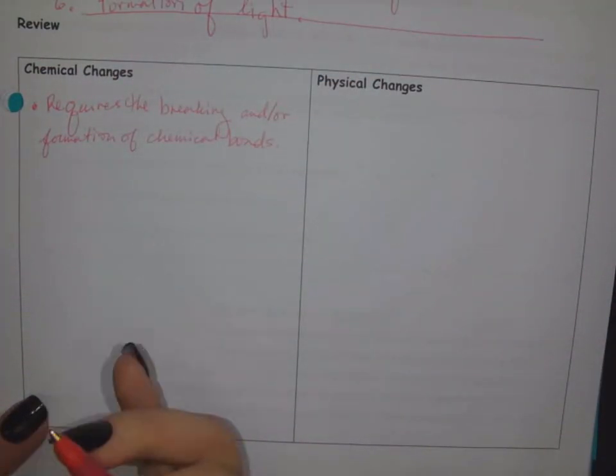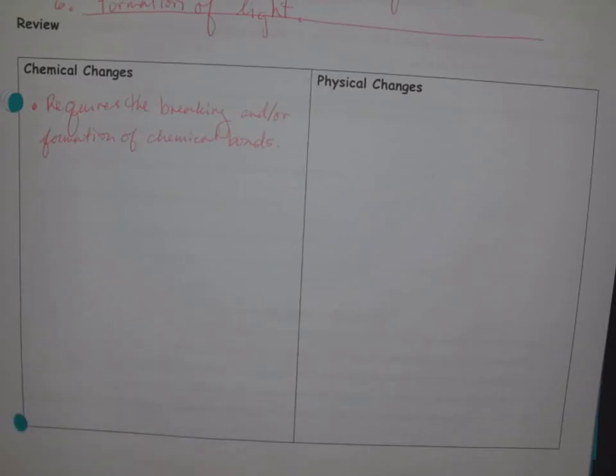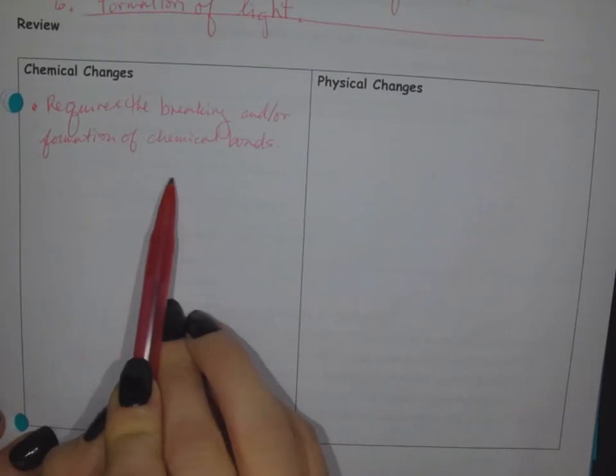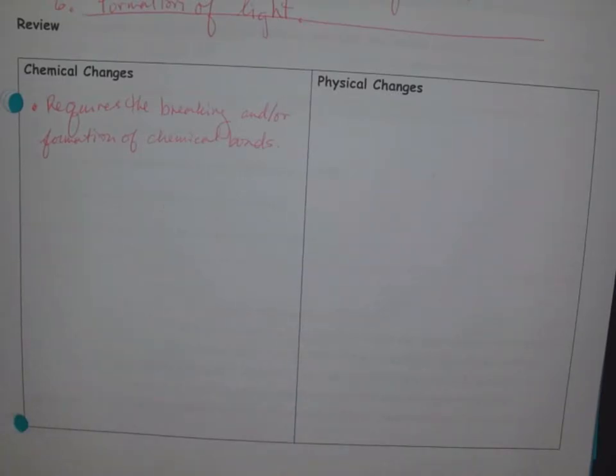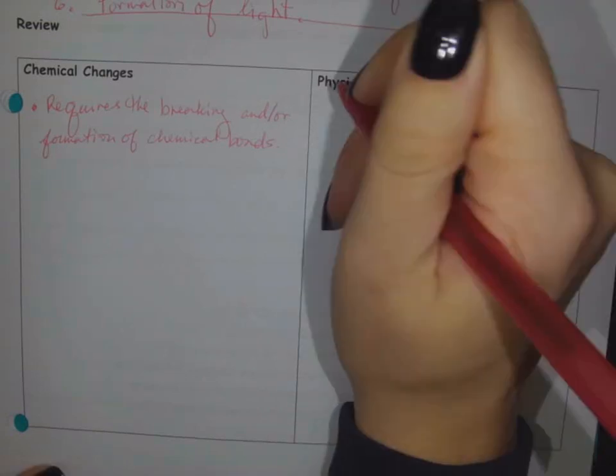This is different than a physical change. A physical change cannot involve the breaking and/or formation of chemical bonds. Now, we could add or take away energy to increase or decrease the strength of IMFs, like the attraction between molecules, but the chemical bonds themselves are not breaking.